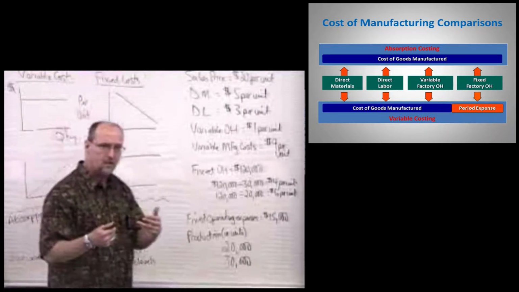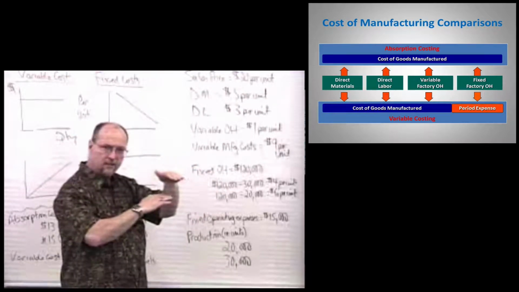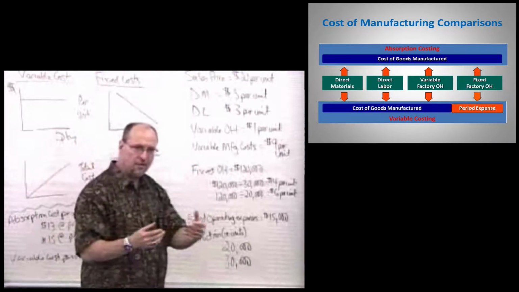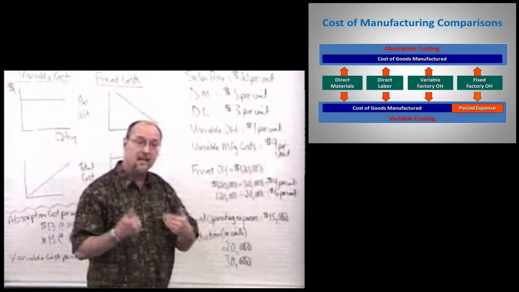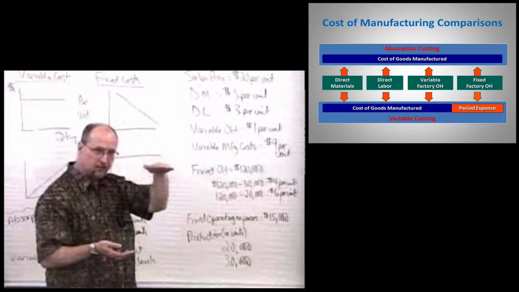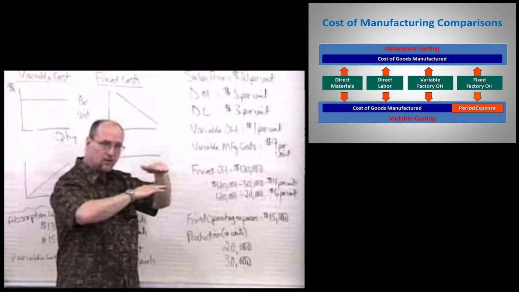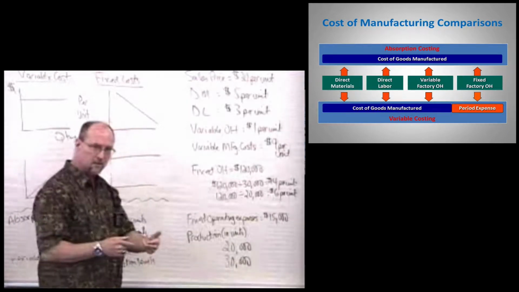If I can produce 10 cars, then $10,000 rent divided by 10 units, each car includes $1,000 of rent in its price so that I recover my cost. If I can produce 10,000 cars in a month, then $10,000 rent divided by 10,000 cars, $1 of rent included in the sales price. Okay?